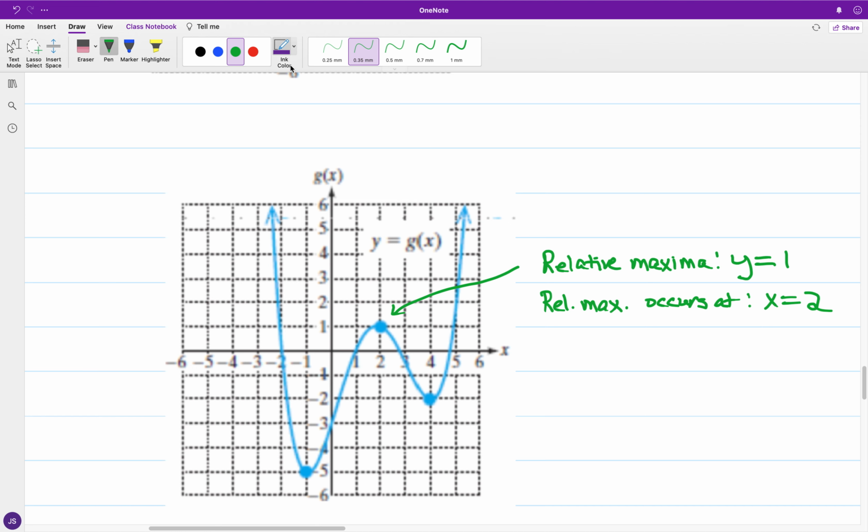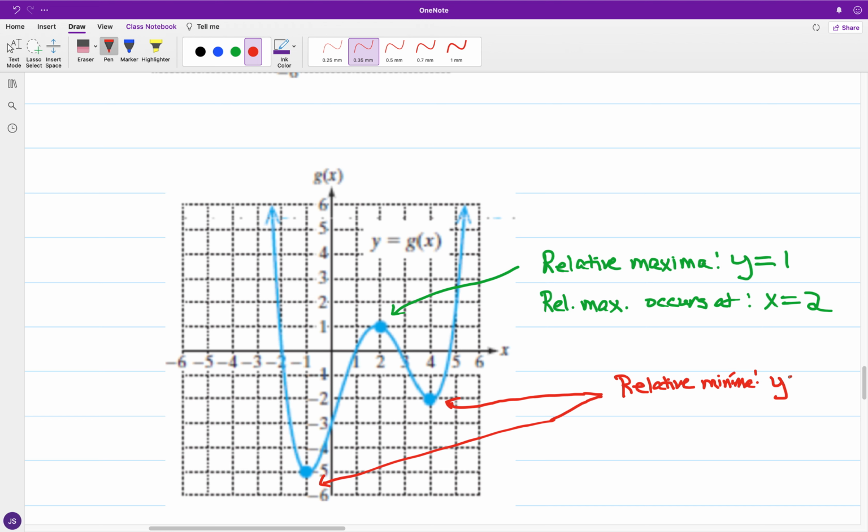All right. Now, for what we have regarding the minimum, those are where you have the location where the graph bottoms out, where a decrease is followed by an increase. So for the relative minimum, those are going to be your y values.